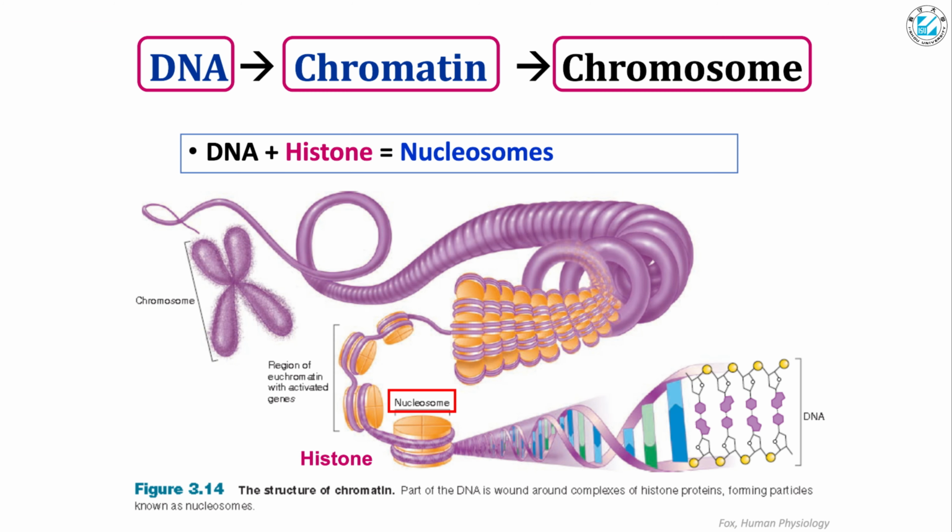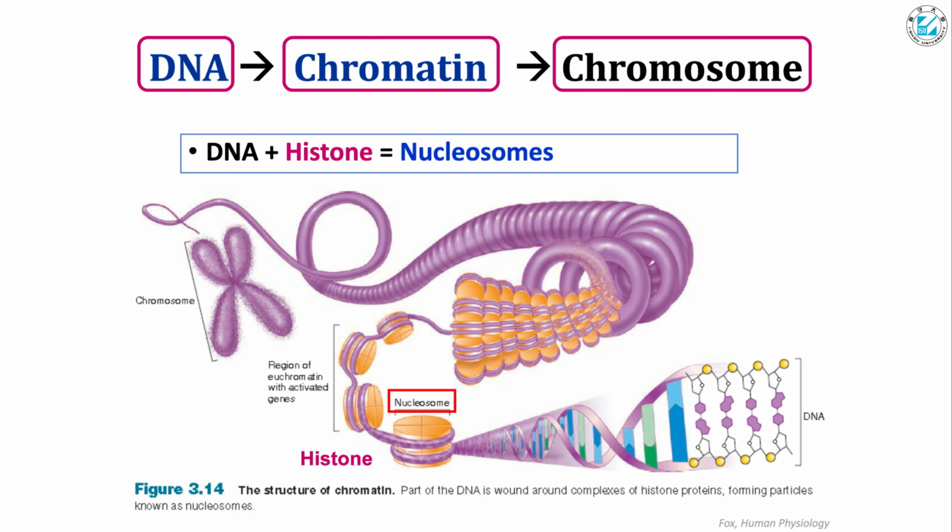Let's see this slide. DNA is actually very, very long. To fit inside a tiny cell, it folds up tightly into chromosomes. Humans have 23 pairs, so 46 in total.